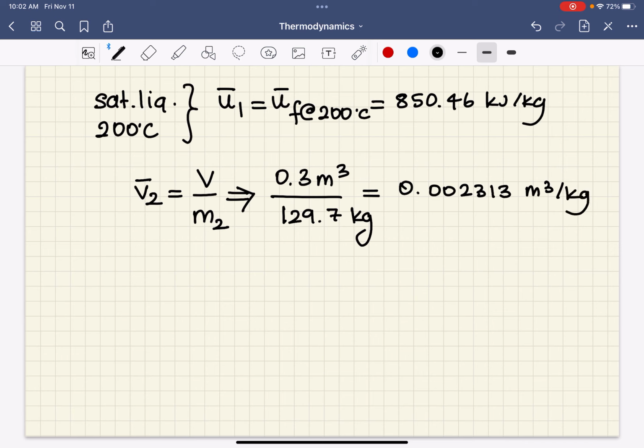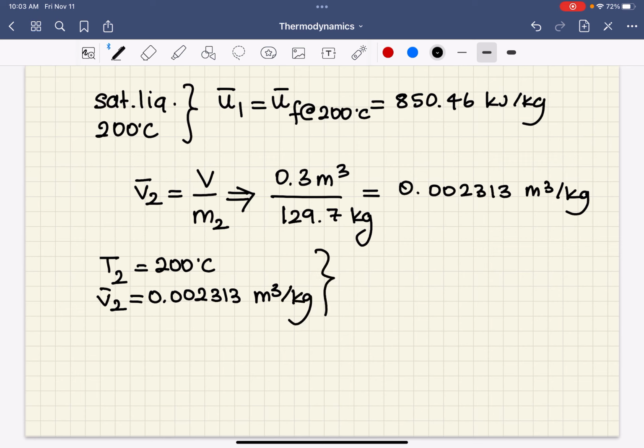Okay, so now we know temperature, and we also know specific volume. Now we should be able to read what is the internal energy at the second state. But the first thing we do is always look at the saturation tables.